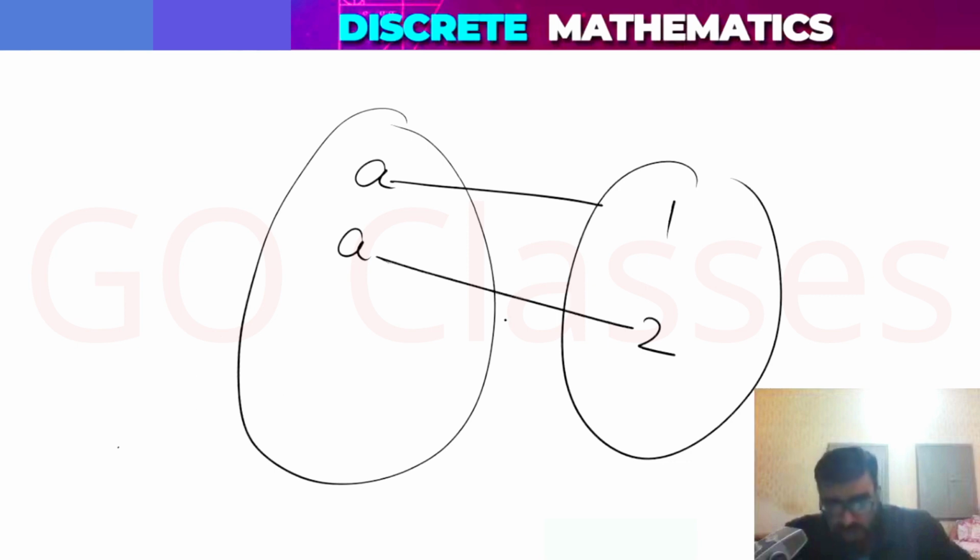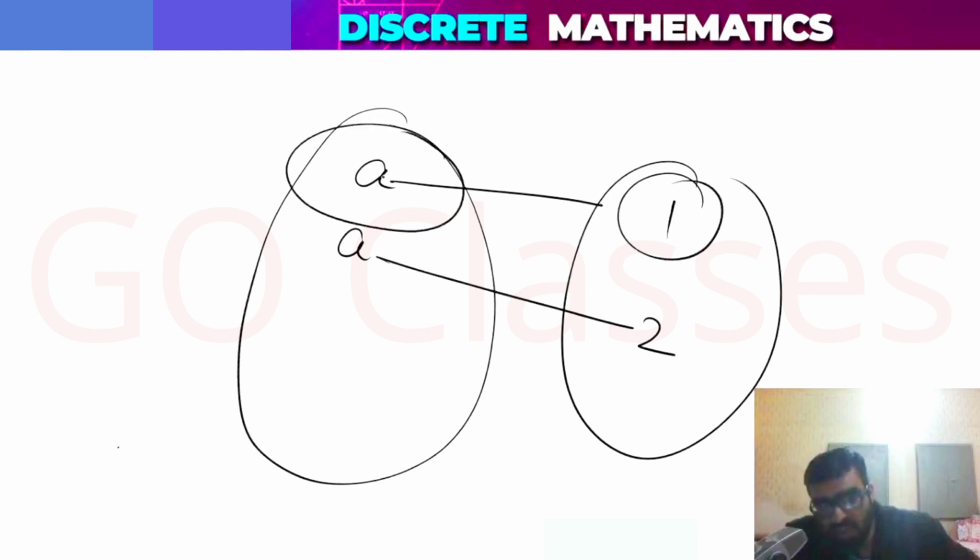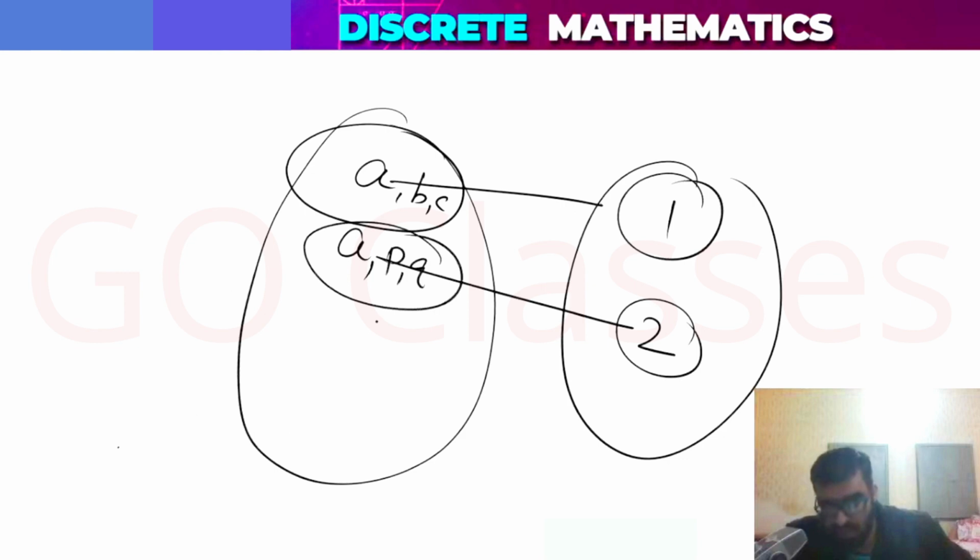Now I told you that to natural number 1 there should be a finite number of elements, so let's assume with A there is B, there is C. Now with natural number 2 also you must have a finite number of elements, for example, maybe P, Q.